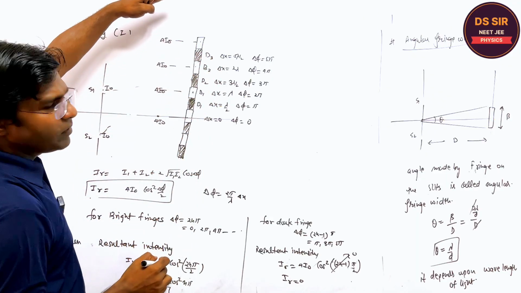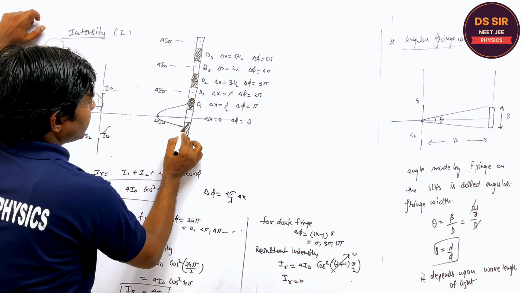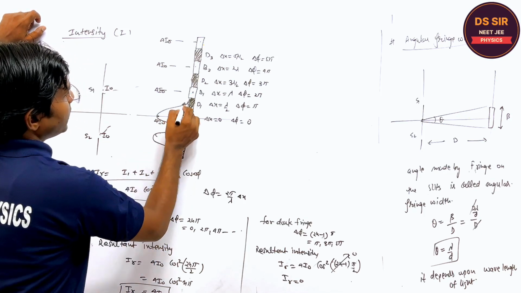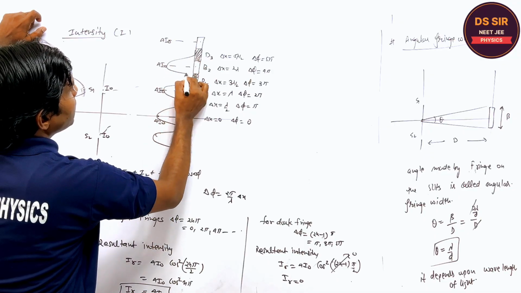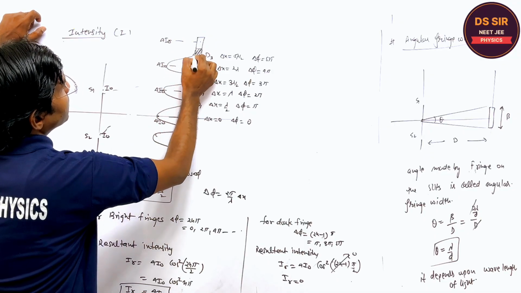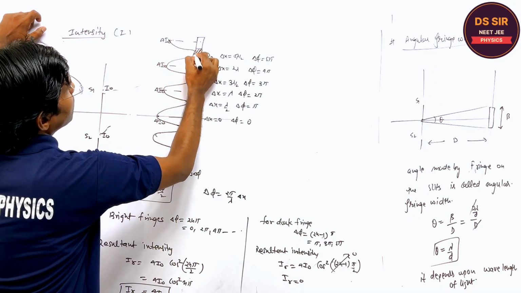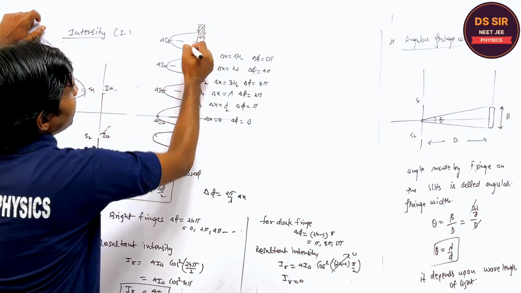As we move, the resultant intensity is maximum, then again maximum, again maximum. So the intensity varies like this.